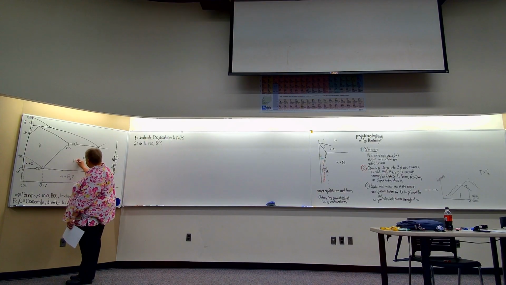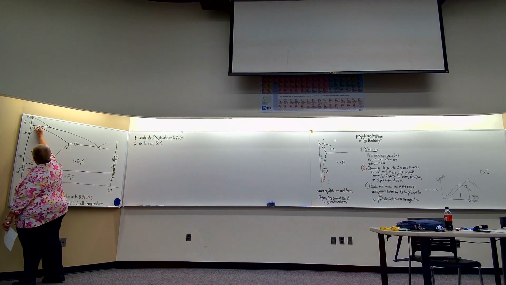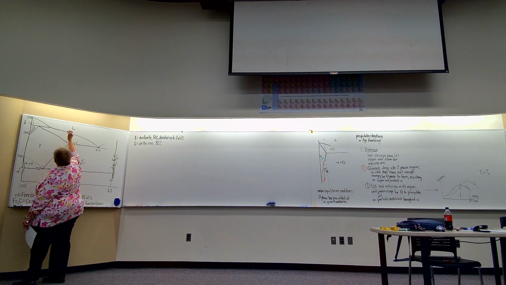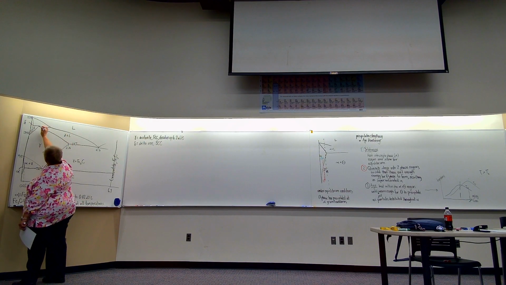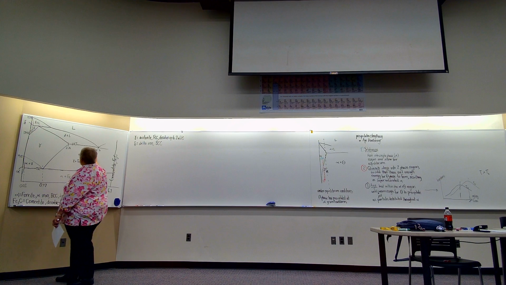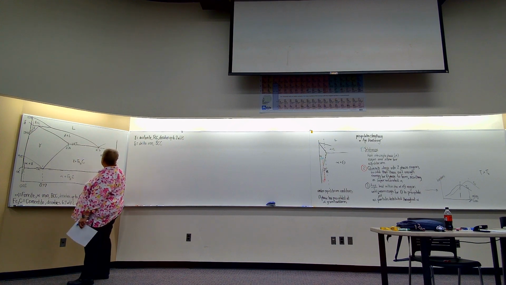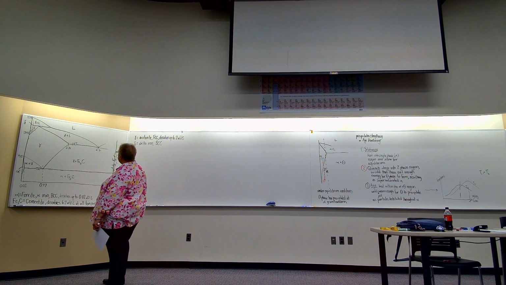And this is gamma plus cementite. And this is delta plus gamma. There's liquid. Gamma plus liquid. Delta plus liquid. And we really don't need to worry about beyond there. So what phases do we have? Alpha, cementite, gamma, and delta.